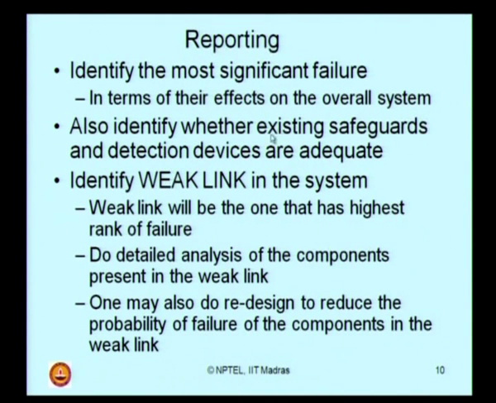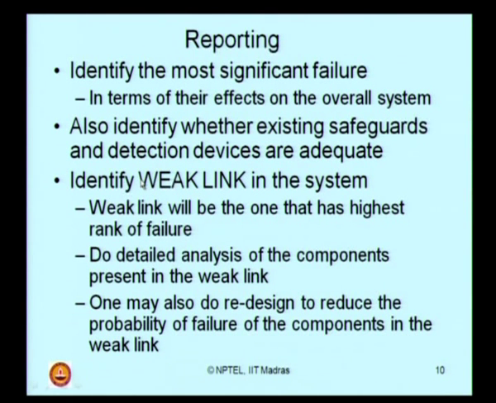After you do this, in a given system, identify what we call a weak link. What do you mean by a weak link? A weak link is one that has the highest rank of failure. For that weak link, do a detailed analysis. One may also do a redesign to reduce the probability of failure of the components in the weak link. So in FMEA, ladies and gentlemen, one of the meritorious advantages of this system analysis is that in a given system, after identifying different failure modes, one can really narrow down to what we call a weak link.